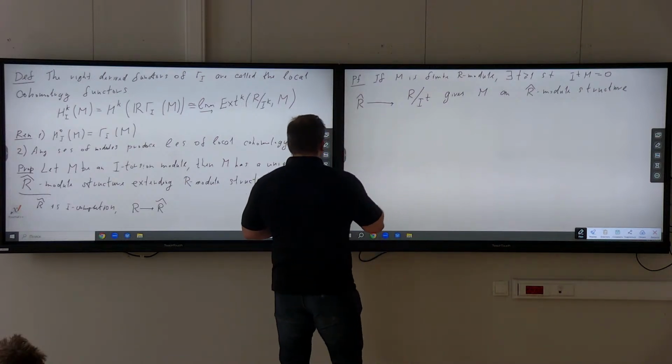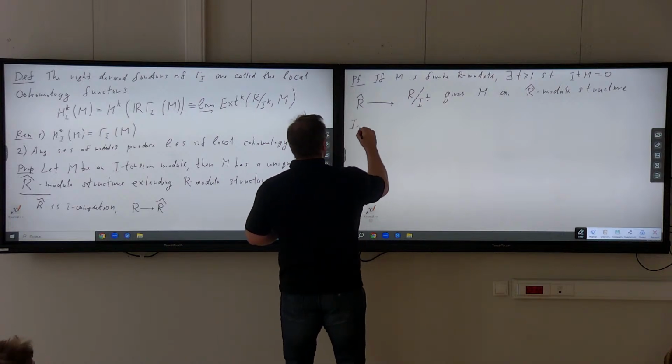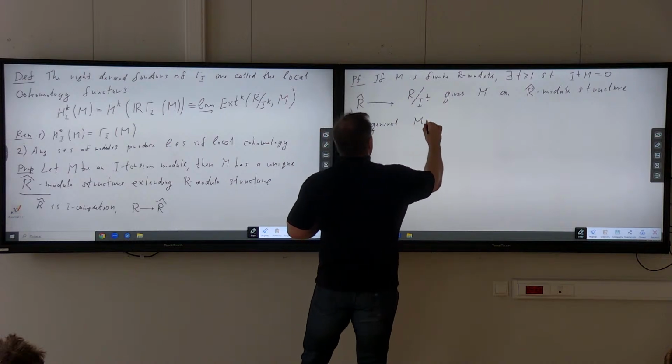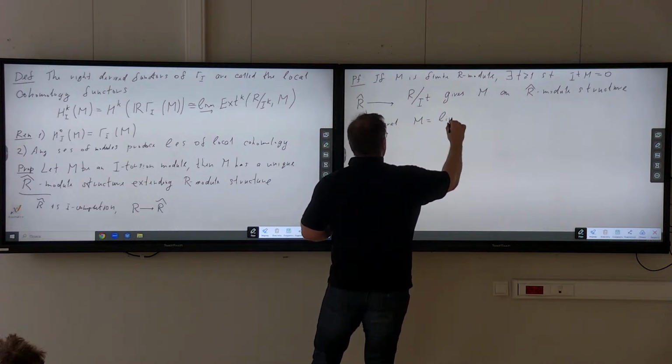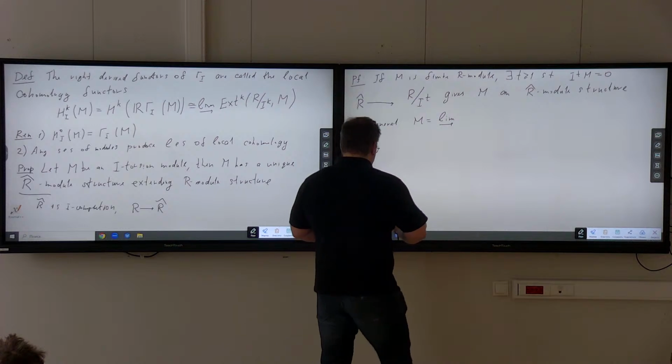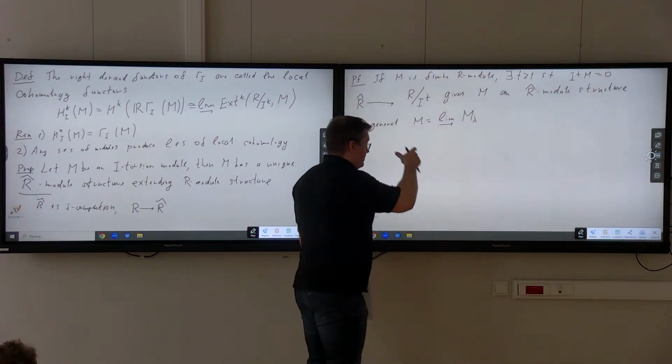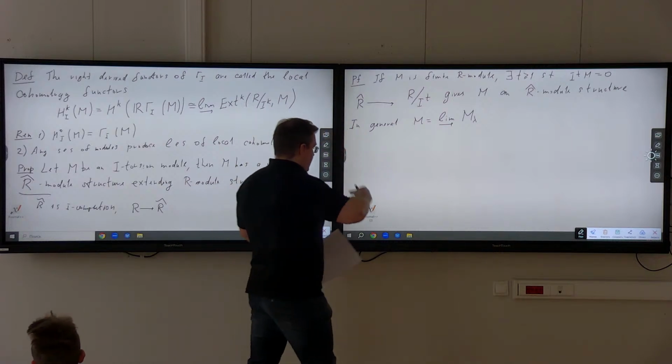Well, this is the case of finite R modules. If the module is not finite, so for a general module, take this module M and present it as a direct limit of finitely generated submodules, as before, as in the previous proof.